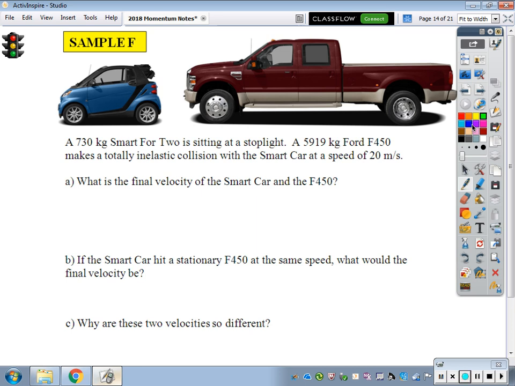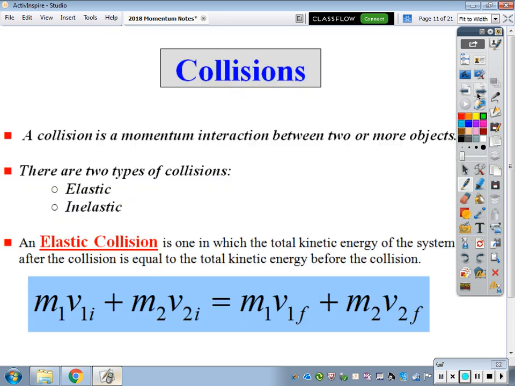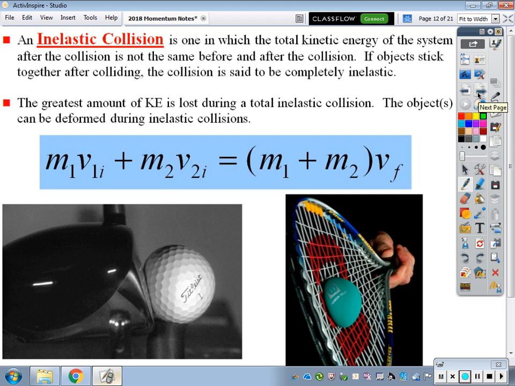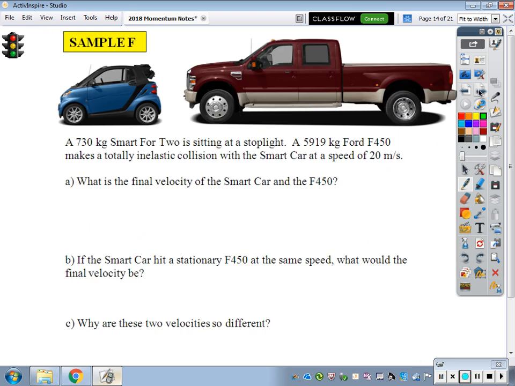So real quick, we're going to rewind back to our total inelastic collision equation. If we're going to solve for V final, this one's pretty easy. What's the only thing we really need to do to rearrange for VF? Divide by M1 plus M2, the sum of those masses.